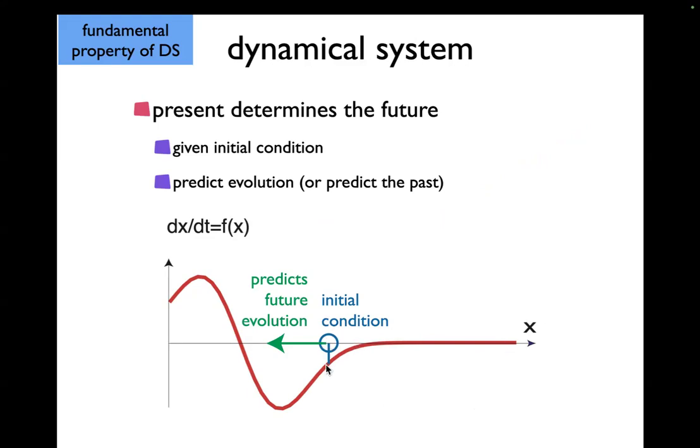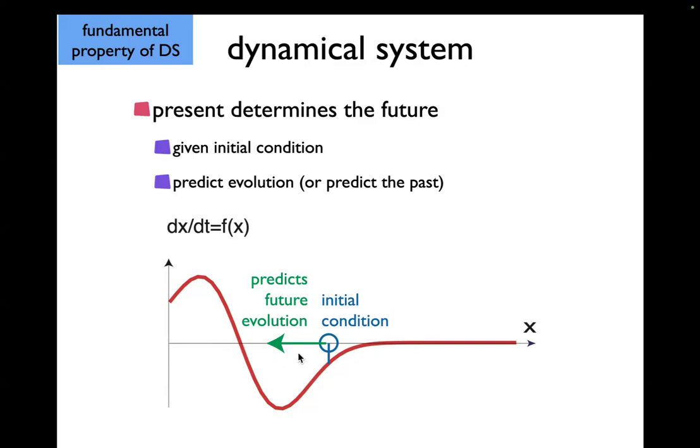The future is uniquely determined by that. You can also predict the past. It doesn't really matter which direction of time you go. This requires some mathematical things. It requires that the function f is sufficiently smooth, and strictly speaking, holds only in a finite interval of time and so on. But the kind of dynamical systems we look at are very soft and smooth, so for them, all these technical limitations are never an issue.